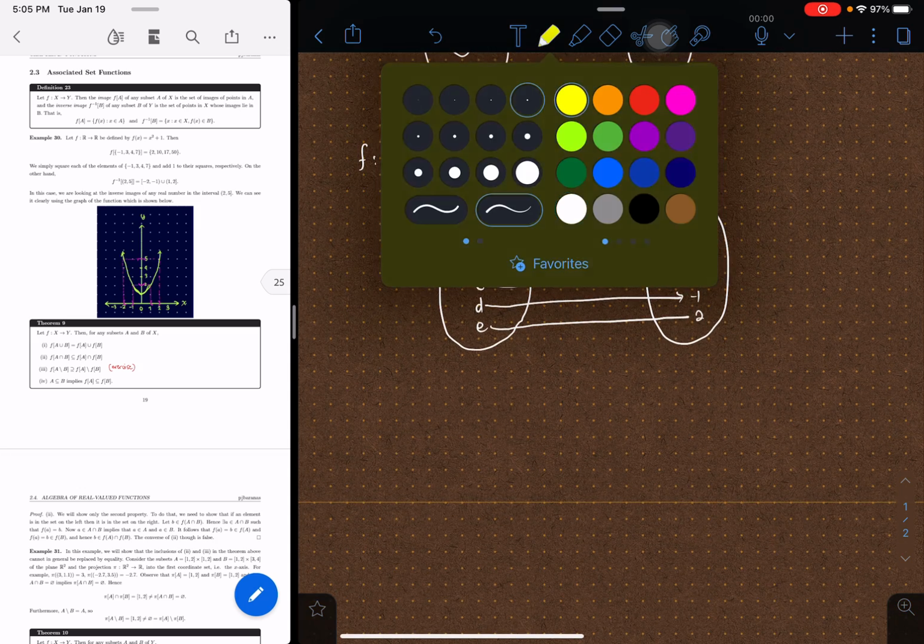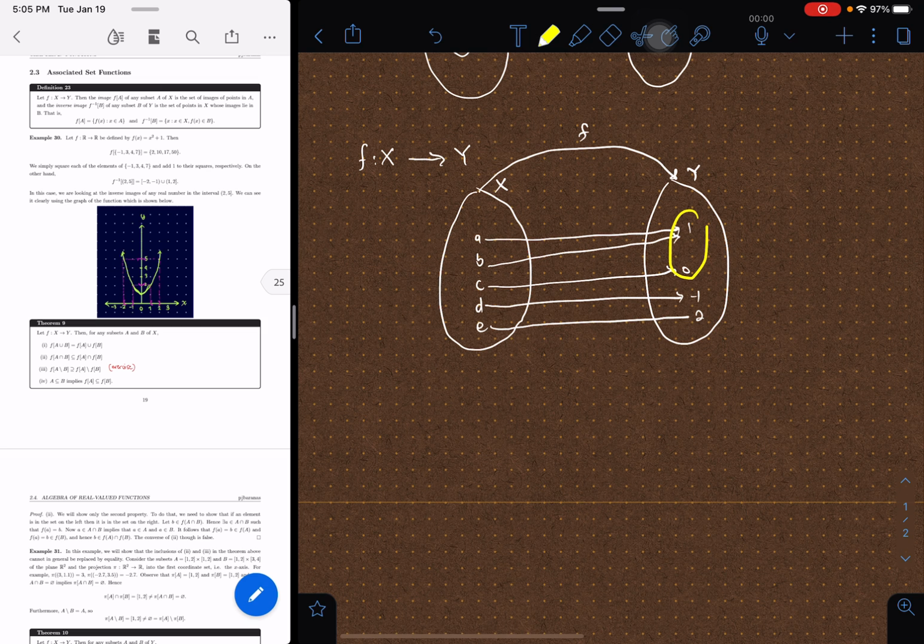And consider this set to be the set capital B. So we get here f inverse of capital B. By definition, this is the set of all x in capital X such that the image of small x is found in B. So what small x's, or elements of capital X, can we collect that are mapped to an element which is found in B?